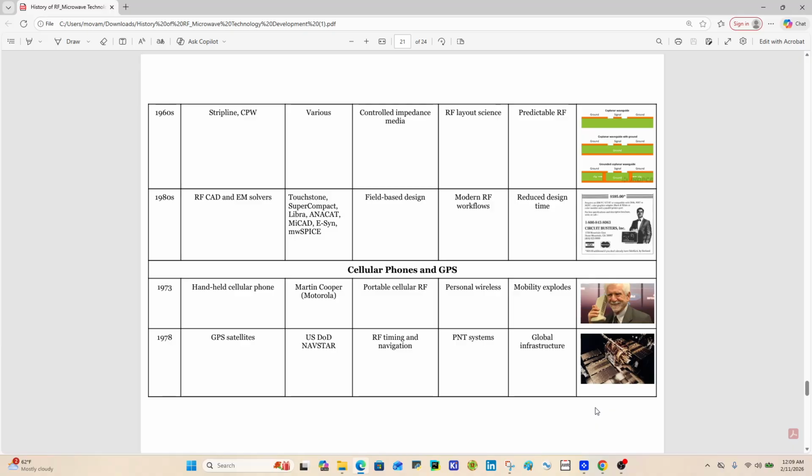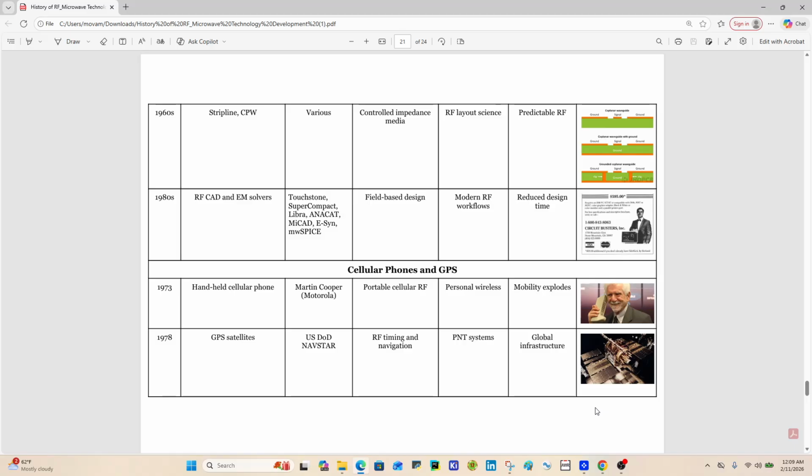In the 80s, Touchstone and other computer-aided design methodologies were developed as microwave network design was becoming more popular, and S parameters were being used more and more to describe different microwave modules. In the 70s and 80s, we can summarize by saying that cellular phones and GPS were being developed.